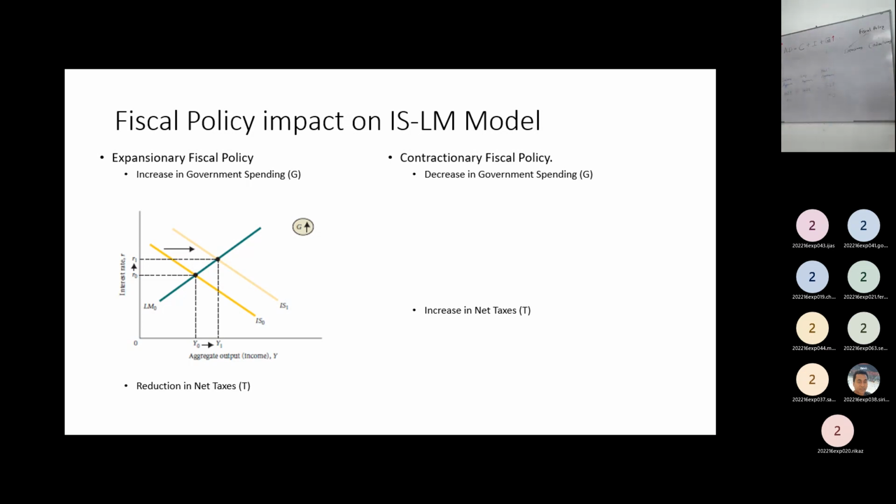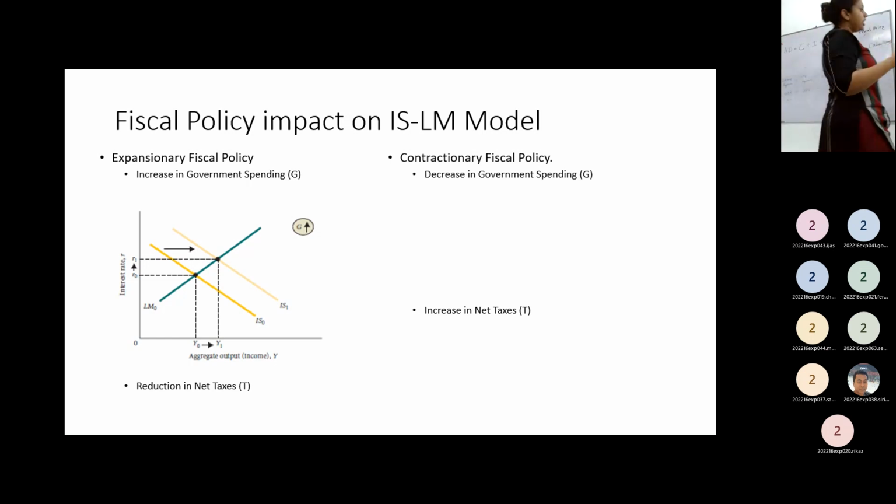Remember? So when government spending increases, aggregate demand increases, and that means the IS curve will shift rightwards. Clear? You can see the economy's aggregate output has increased. Also, the interest rate has increased, right? So the economy is experiencing an expansion. Clear? So that is one way the government can expand the economy, by increasing government spending.